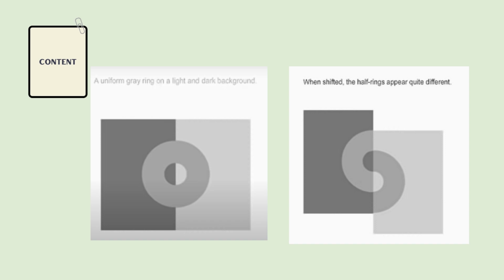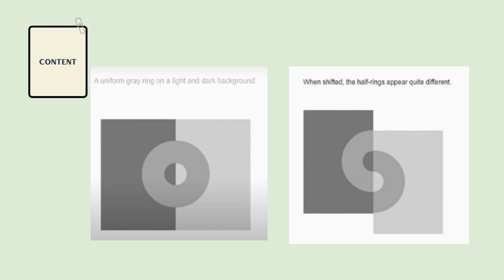image where you could notice that the circle is gray, and then we have different types of gray, almost black, a light gray and a dark one, and this circle is in the middle of those types of gray.